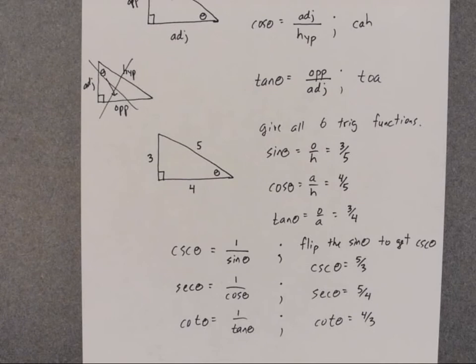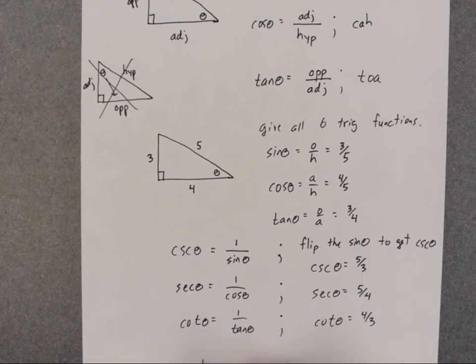Now before I close out this little lecture, let me give you one more very, very important relationship that's used all the time. And that's a relationship that actually shows how the 3 important trig functions are also related in a special way. So I'm talking about sine, cosine, and tangent. How are they related?